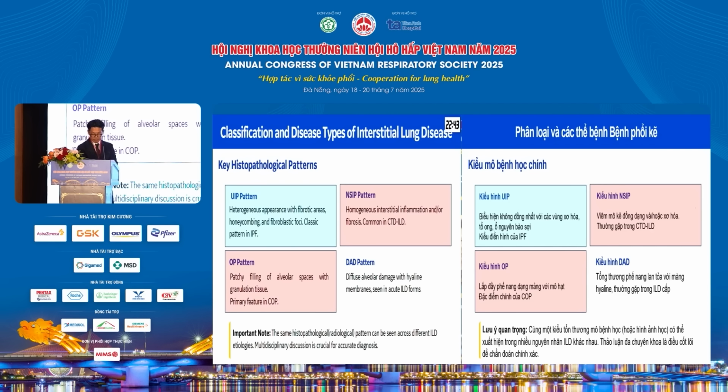Let's look at the imaging and pathological patterns for which drugs are indicated. The UIP pattern is a condition primarily characterized by fibrosis, and immunosuppressive drugs are not often indicated. NSIP and OP are conditions primarily characterized by inflammation and immune-mediated causes, so immunosuppressive drugs are expected to be effective.